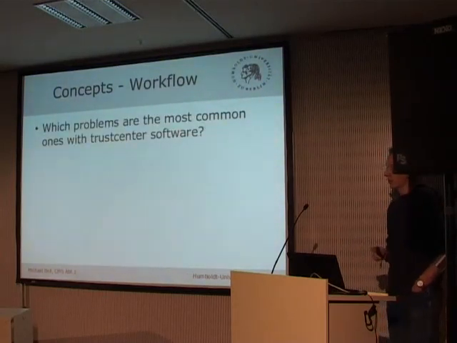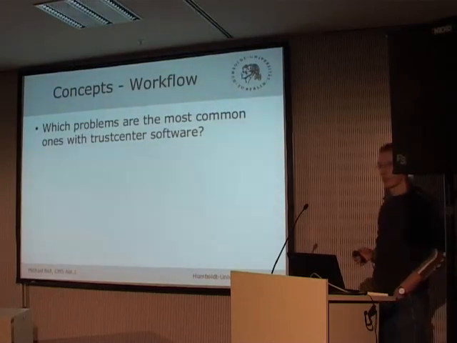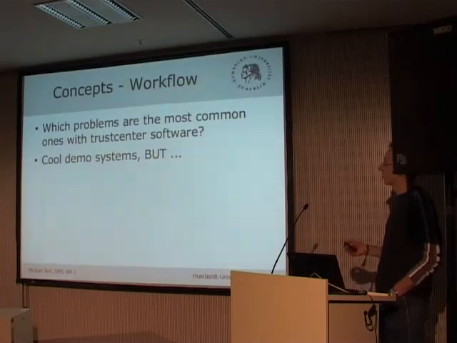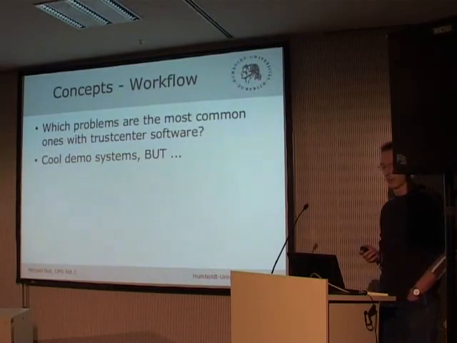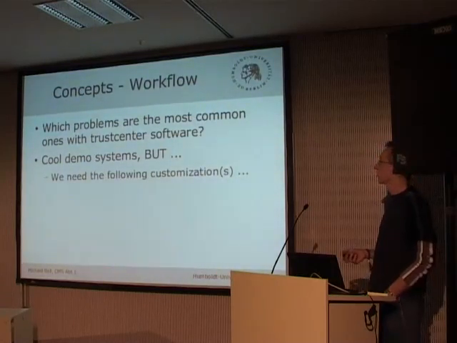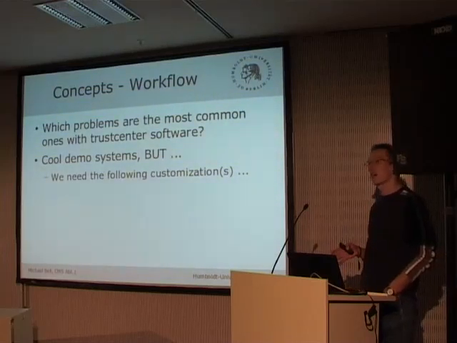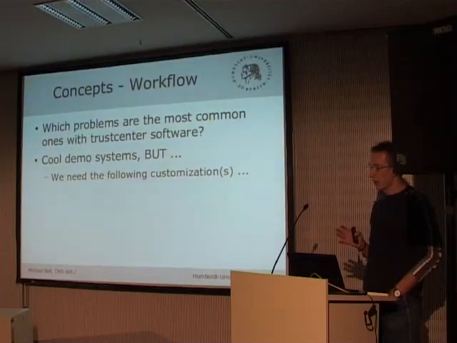We don't want to start with too many negative impressions about PKI, but what is the most common problem with trust center software? If this is perhaps too negative, okay, we can start with another word. We have very, very cool demo systems, but we usually have problems. What are these problems? Problems usually occur if you start to look for customizations, because nearly all systems on the market, or even OpenCA, the old system, expect a special workflow.